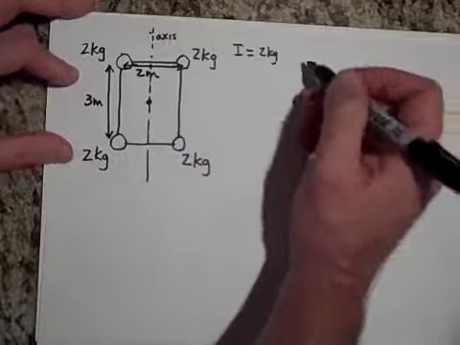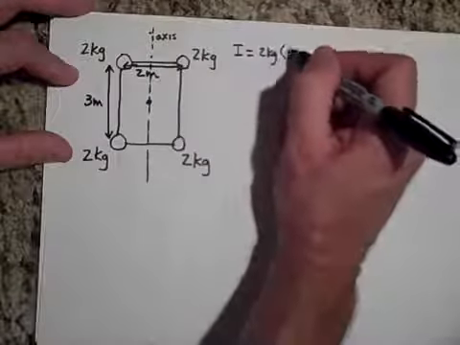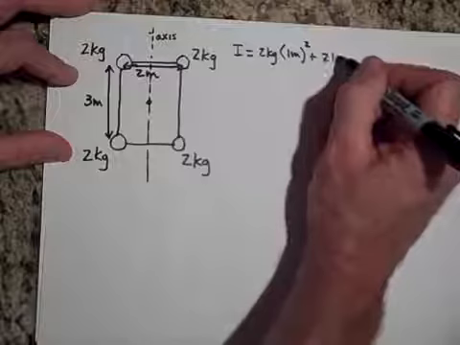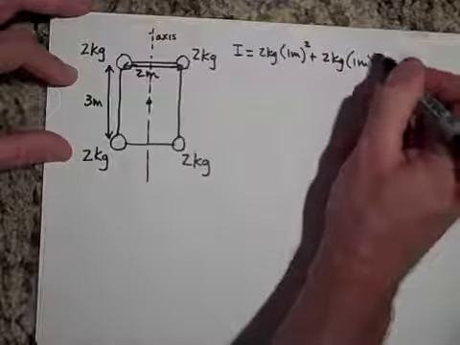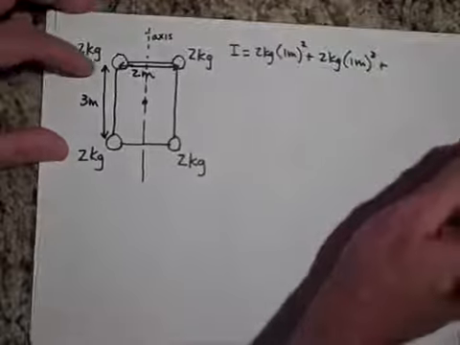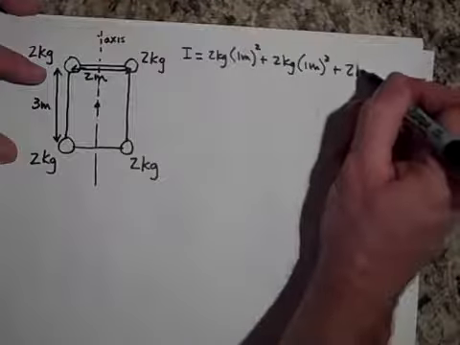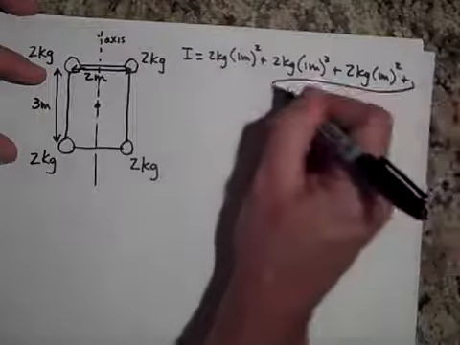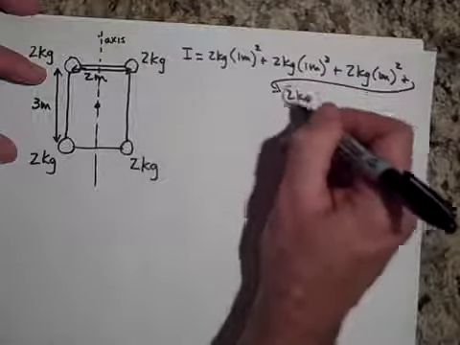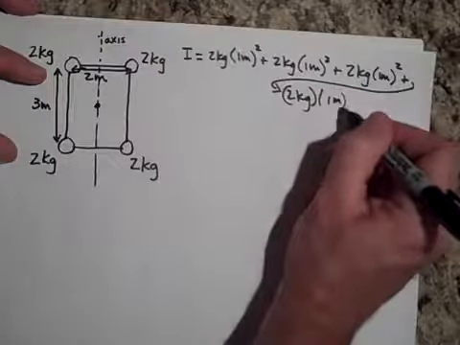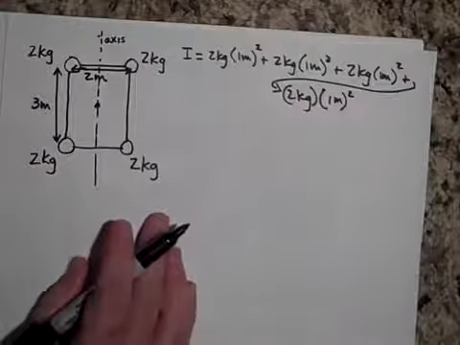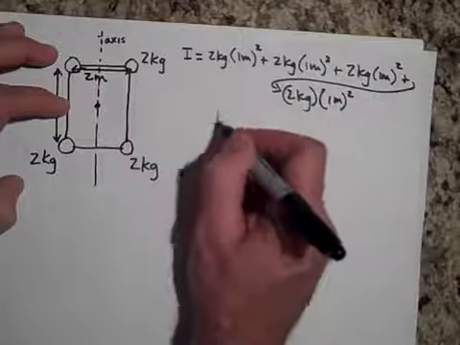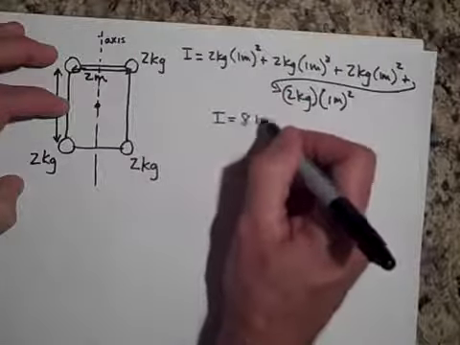So that would be 2 kilograms times 1 meter from the edge, squared, plus 2 kilograms times 1 meter from the edge, squared, plus 2 kilograms times 1 meter from the edge, squared, plus 2 kilograms times 1 meter from the axis, squared. Okay, so when you add all those up, I think you get 8. I equals 8 kilograms meters squared.